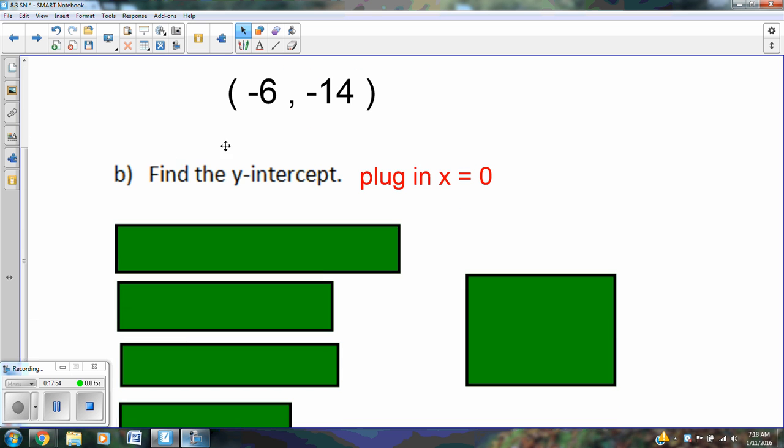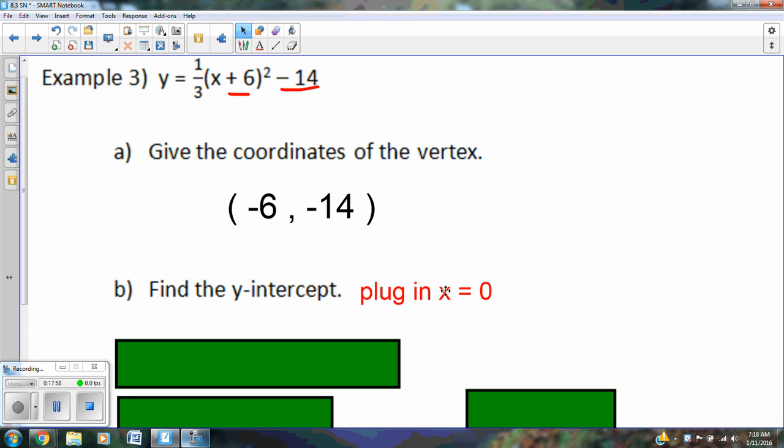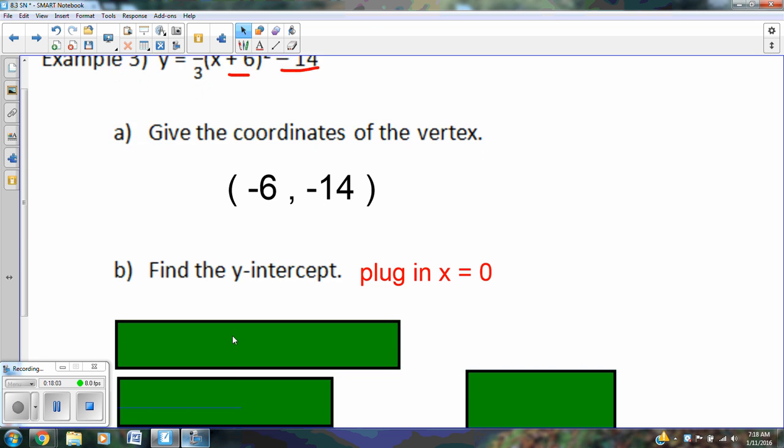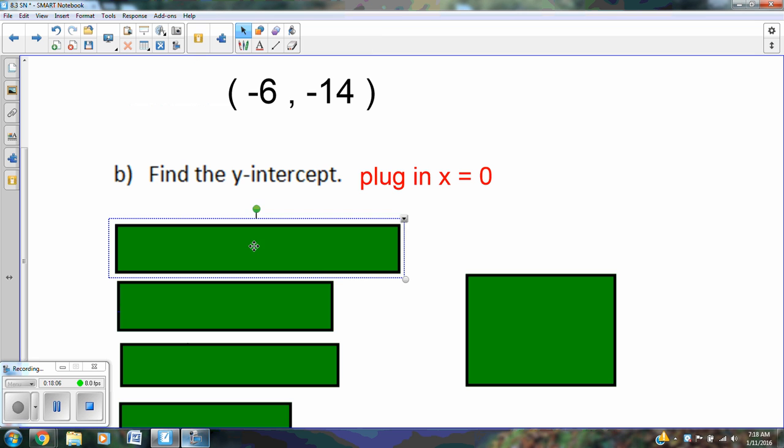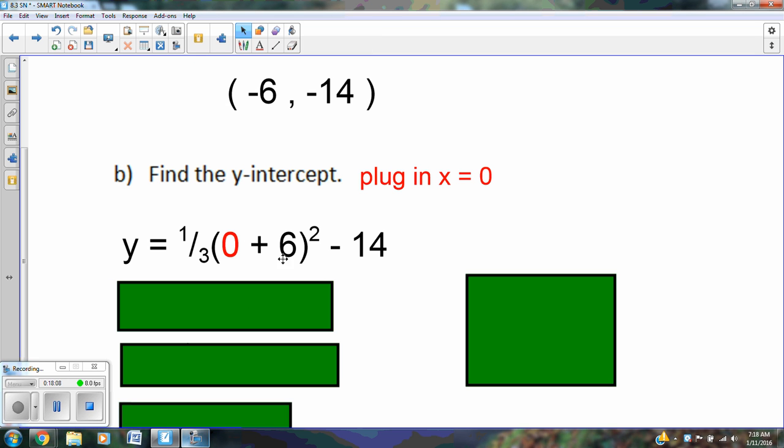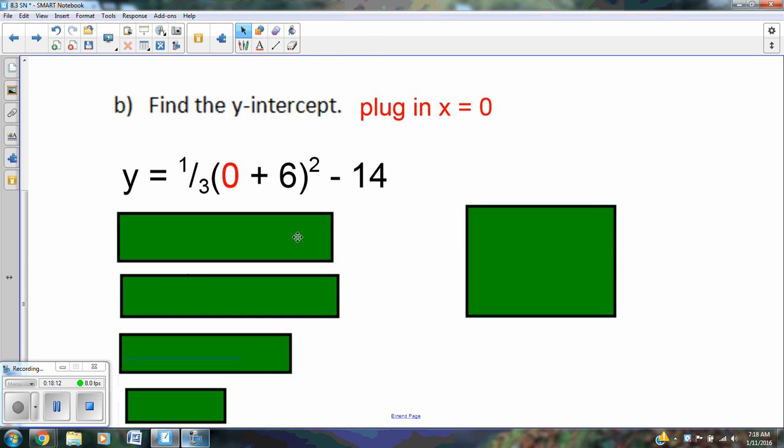If we need to find the y-intercept for any equation, you always just plug in x equals 0 and then solve. And that'll find you your y-intercept. So, if we plug in x equals 0, 0 plus 6 squared, then 1/3, all of that minus 14.